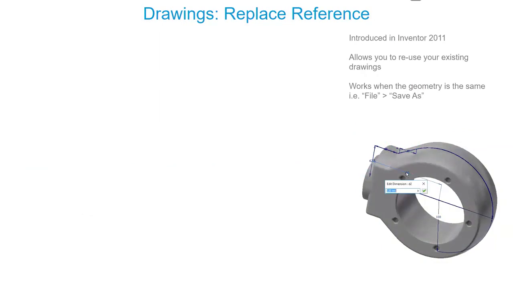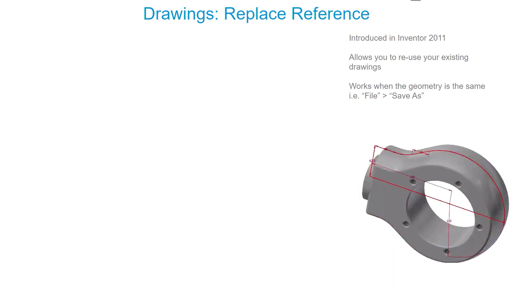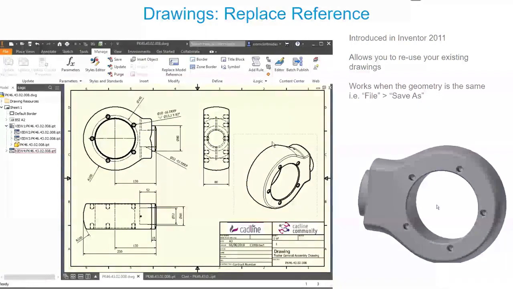Okay, here's another one. So I've got components over here, and what I'm going to do is change 2 of the dimensions. So I'm changing to 150 and 102. And once I've updated the 3D geometry, I'm going to do a file save as and save this component as another file name, I should say. So when I open up the drawing of the original, I can now go to my Manage tab.